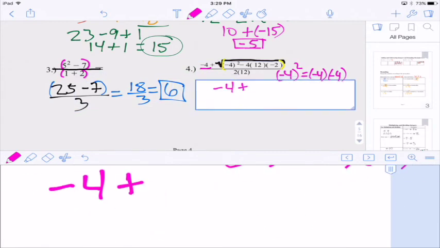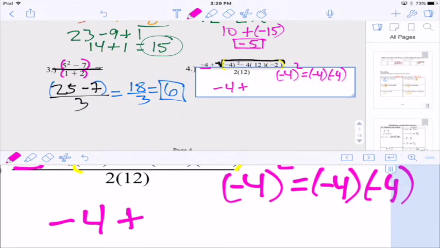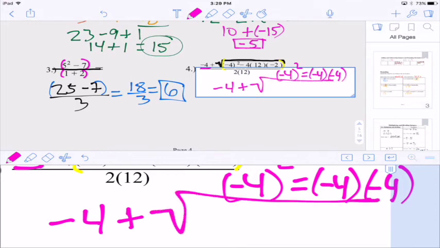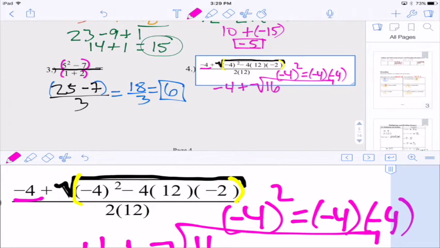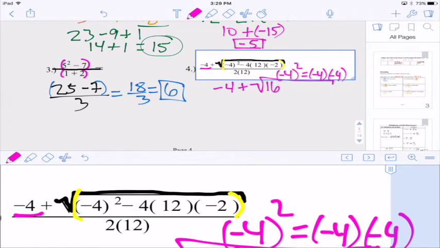So what that really means is a negative times a negative is a positive, so it's positive 16. So 16. Then we've got some multiplication. -4 times 12, or we just say minus 4 times 12. 4 times 12 is 48.